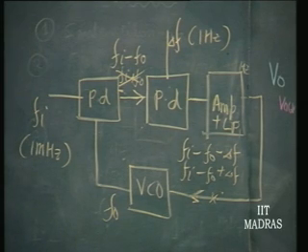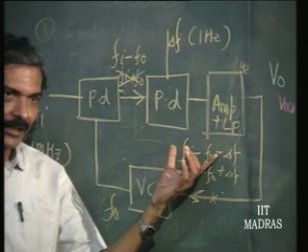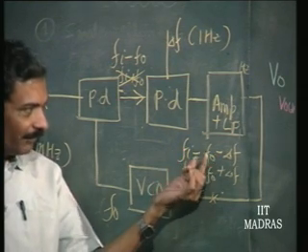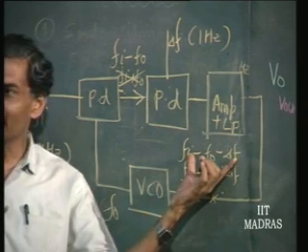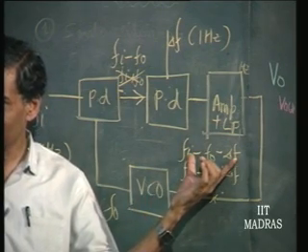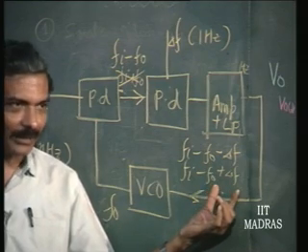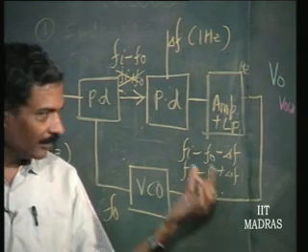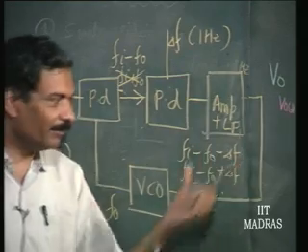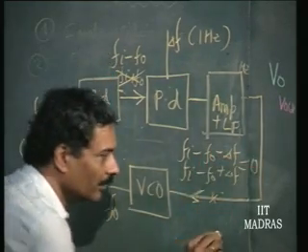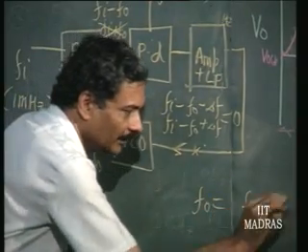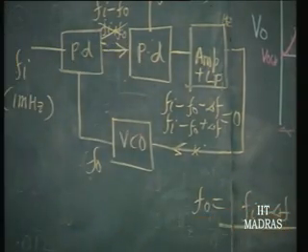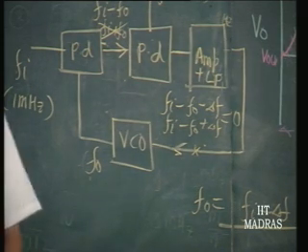Out of this, if f naught is less than f I, then this component can be the DC component. This is going to be the higher frequency component. This component can be equal to 0, so f naught is going to be f I minus delta f. So, this is the output that we are going to have.